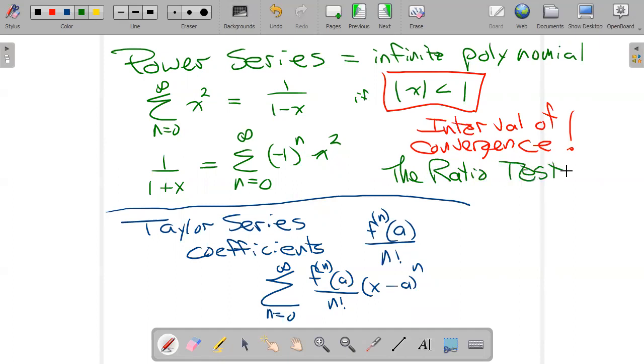The ratio test will find a radius of convergence for us, and then we have to test the endpoints to see if they're in or not for convergence. If the ratio test didn't work, what else would I apply? Sorry, the root test. The root test is the next one. Yeah, ratio tends to be most useful, and root test in other places where the ratio test doesn't seem to be working out.